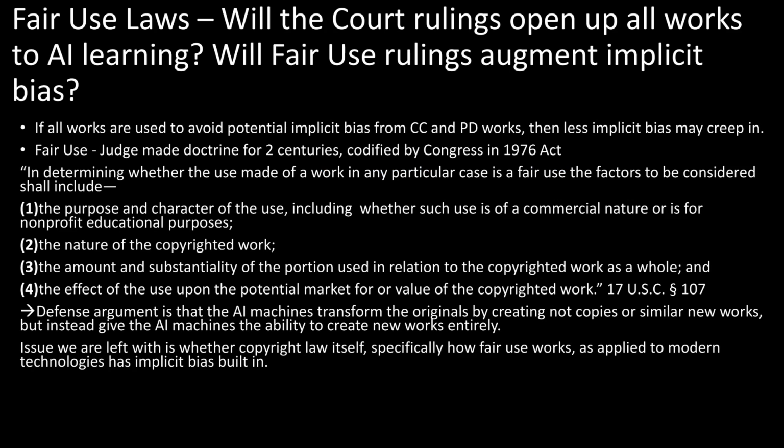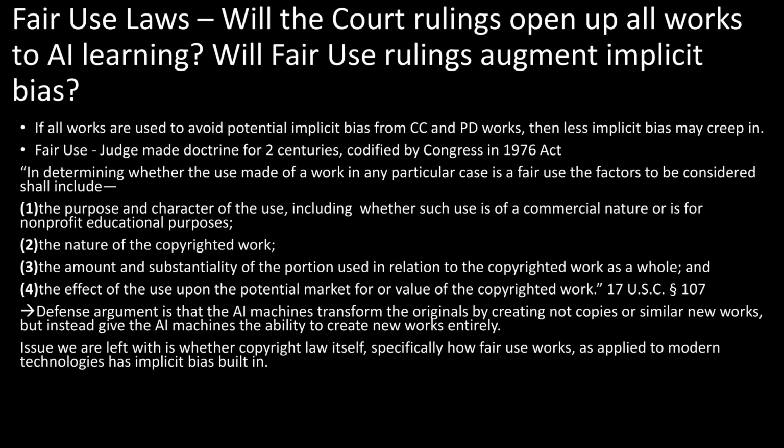So will copyright law and fair use law create more implicit bias in our future computer artificial intelligence learning systems? This requires us to take a quick look at fair use to figure out what it is and how it works. And you can see there the 4 factors that Congress has codified for the fair use doctrine.